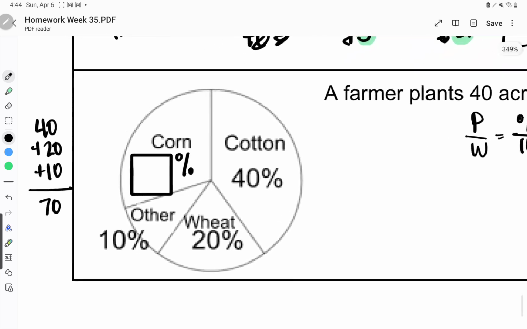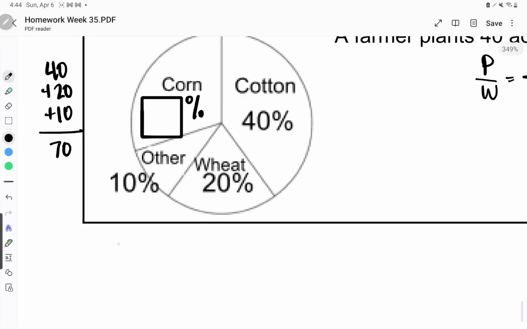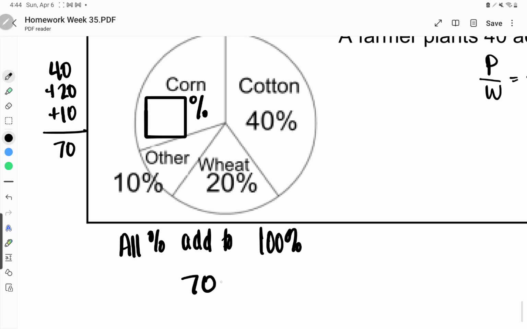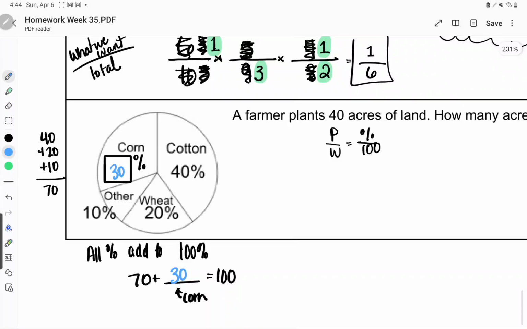And so then, what percent does that leave left over for corn if all percents add to 100? Well, I would know that I would have 70 plus whatever corn is would equal 100. So that would mean that I would have 70 plus 30. So there's my percent for corn.